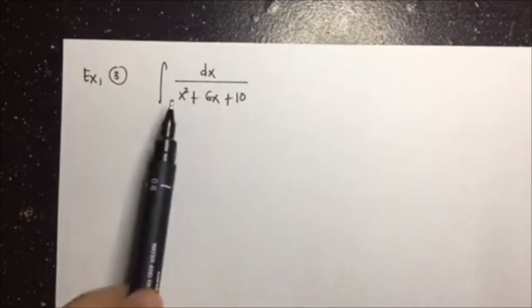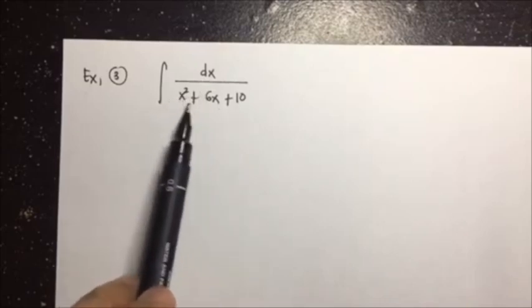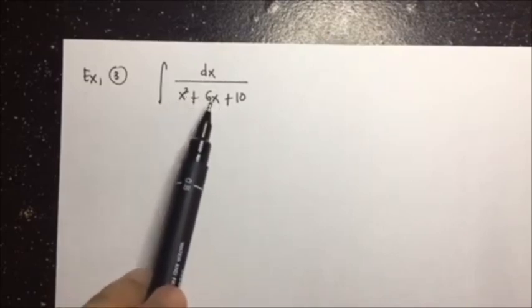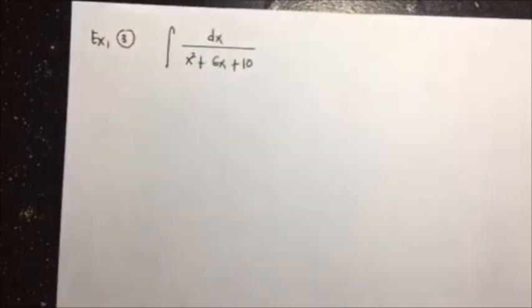The first two terms of the trinomial are x squared plus 6x, so we need to complete the square.